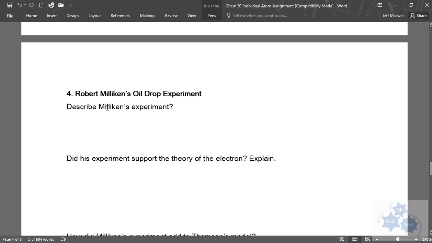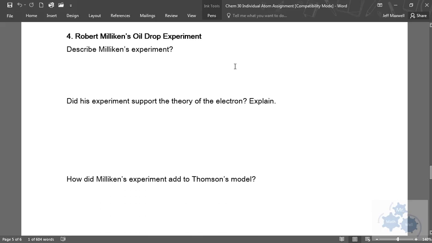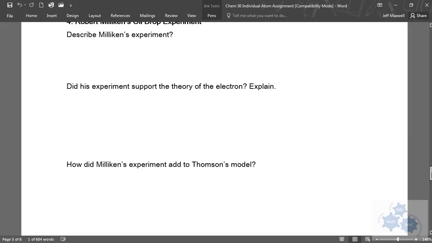Millikan came along, and Millikan's experiment was the oil drop experiment, and he basically determined the charge of a single electron to be, really small obviously, but I think it's about 1 × 10 to the negative 19 coulombs of charge, and that was pretty big in the model of the atom, giving electrons a charge.